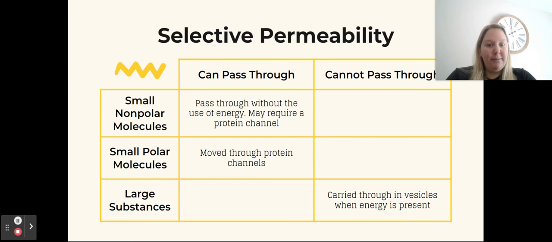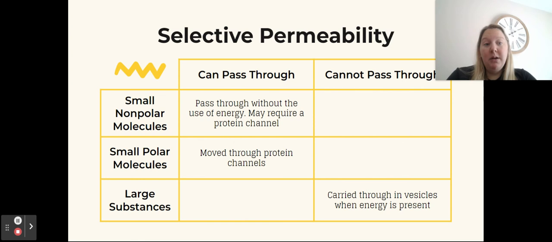In selective permeability, some things have the ability to pass through the membrane very easily due to the fluid mosaic model of the cell membrane. Molecules that are small and nonpolar can pass through the cell membrane very easily.